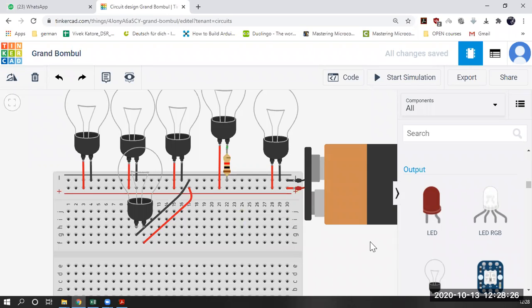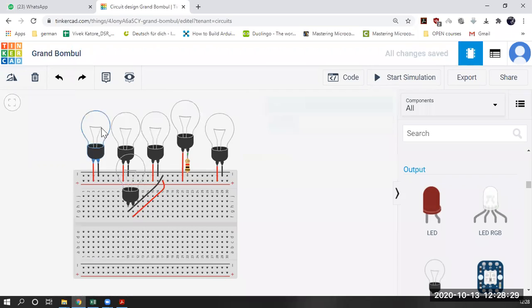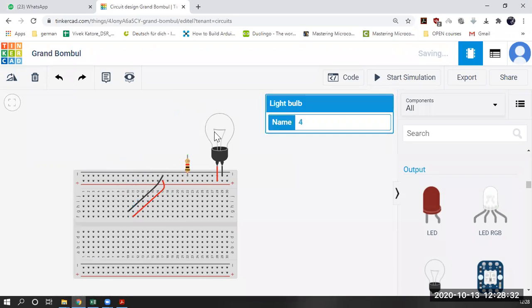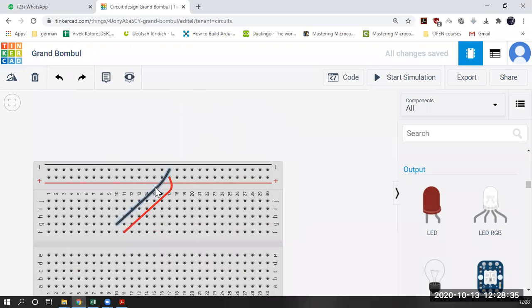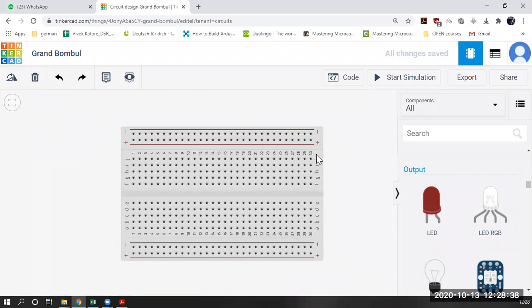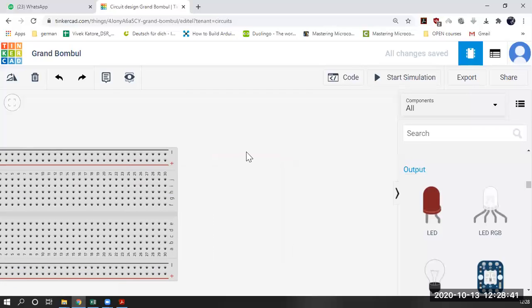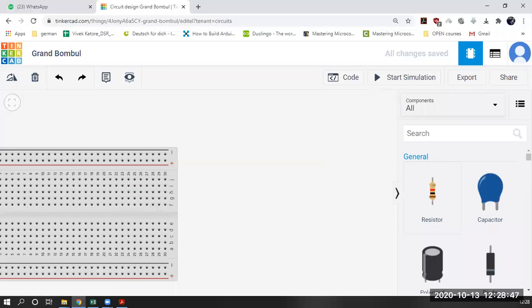So let's move on, and let's try to make a small circuit so that you can understand more about the breadboard connection. So I'm cleaning up everything. Now suppose I want to draw a very simple circuit, just like we have done with the capacitor. So let me draw it over here. I want to connect a battery. This should be the longer side.